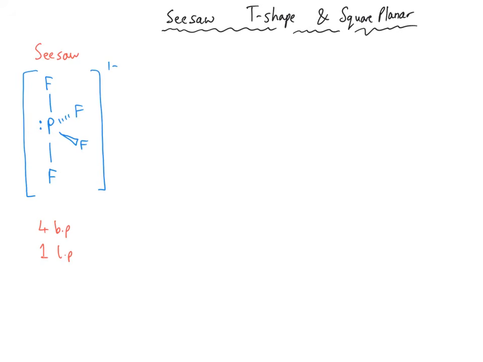Now, it's called a seesaw shape because if you tilt your head on its side or you rotate your page or something like that, the ones that I've drawn as wedges and dashes become kind of like the pivot of a seesaw. So that's why it's called a seesaw shape. And so this reduces the bond angle between the axial and equatorial to something like 87.5, and we get a shape that looks more like a seesaw. But like I say, the good news is they're not likely to be too fussy about which one you take away, but the equatorial is probably more likely.